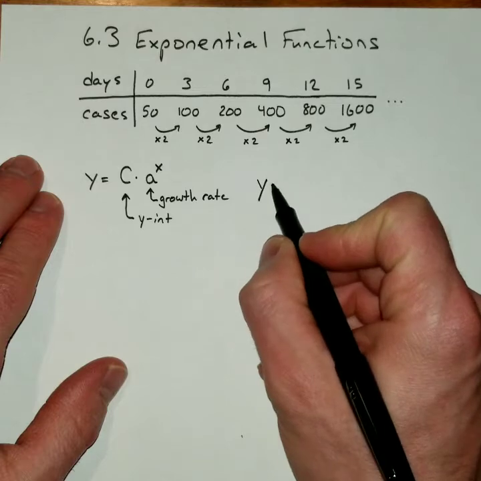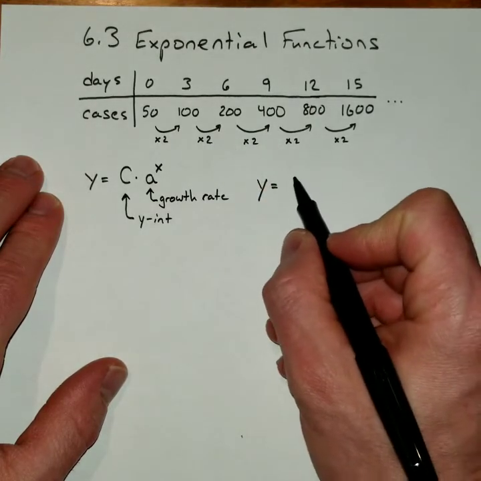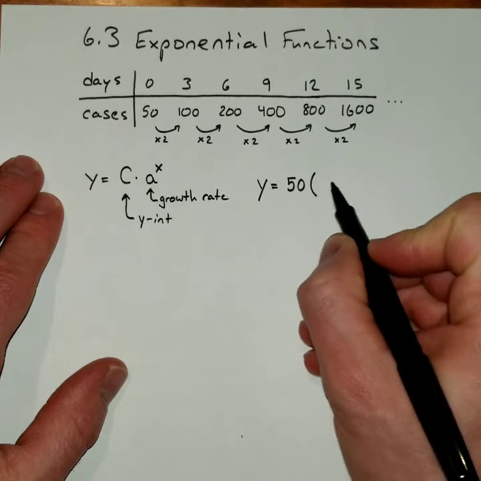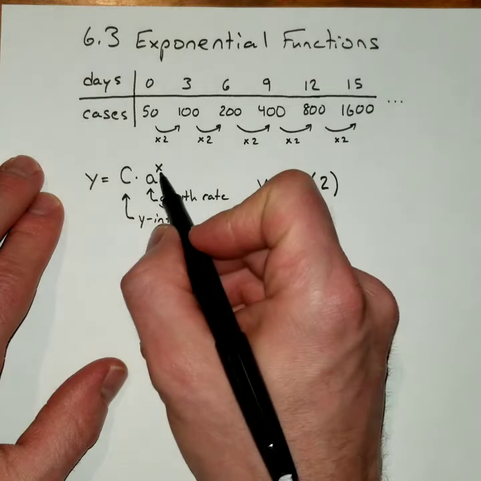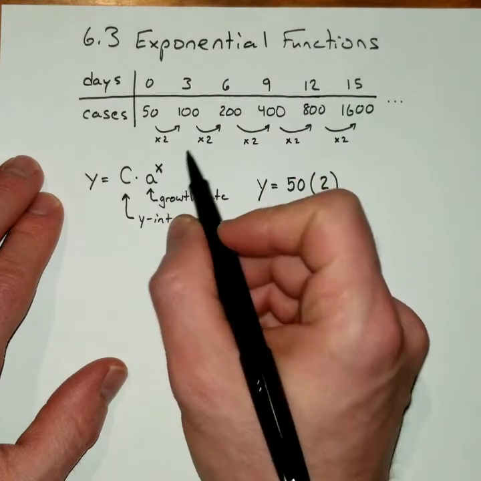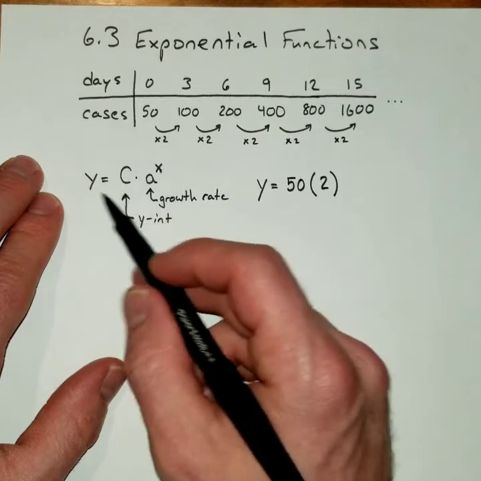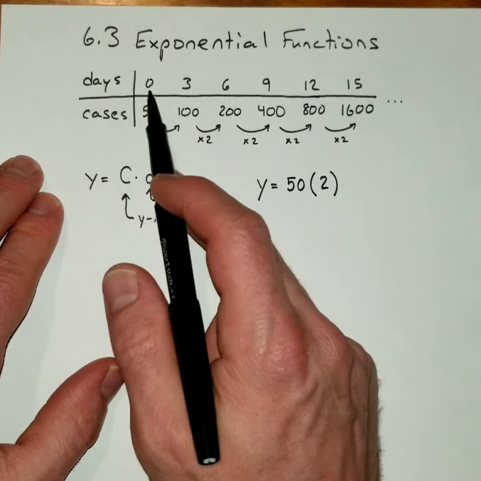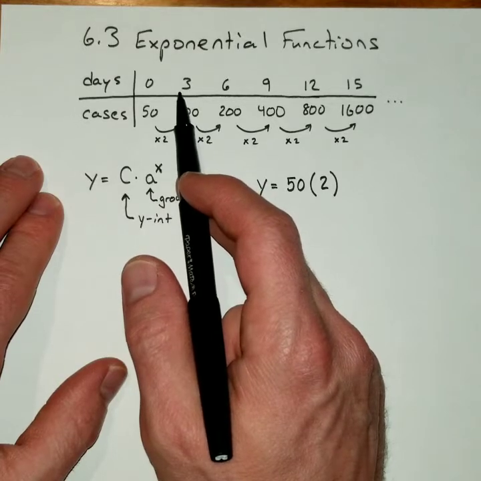So the formula that would represent this exponential growth would be 50 times 2 to a power. Now we were using x to be the number of days. In this representation here, x would be the number of doubling times, which are 3-day periods.